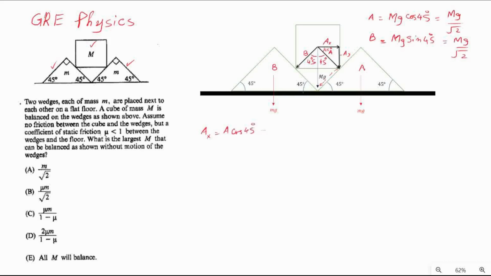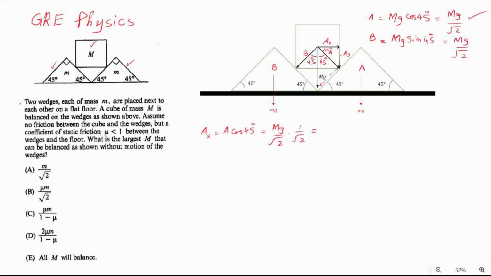Now the magnitude of A is Mg divided by root 2, times cosine 45 degrees, which is 1 by root 2.